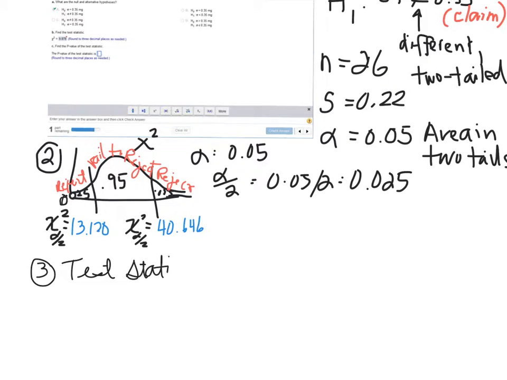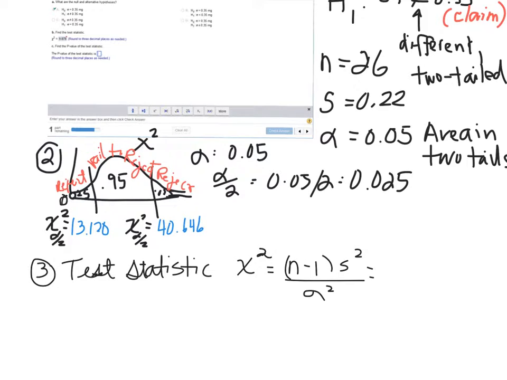So for chi-square, our test statistic looks like this. It's again a chi-square value. It's n minus 1 times s squared divided by sigma squared. We know all of these values.